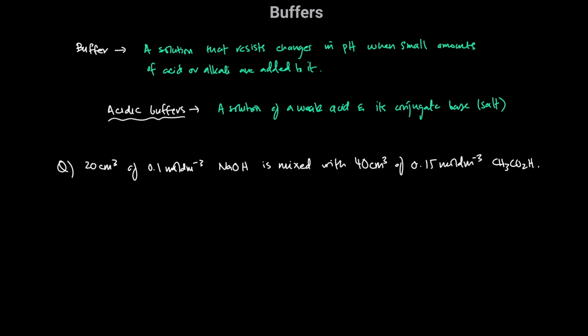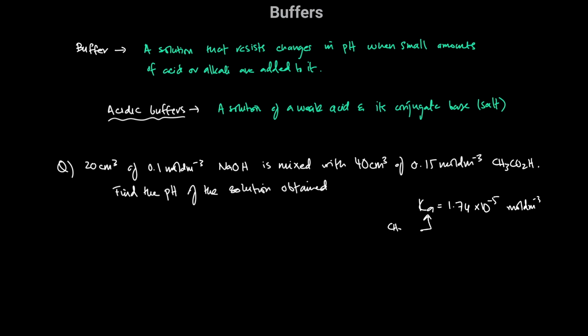The question is, we want to find the pH of the solution obtained, and the Ka for ethanoic acid is 1.74 × 10^-5 moles per decimeter cube.